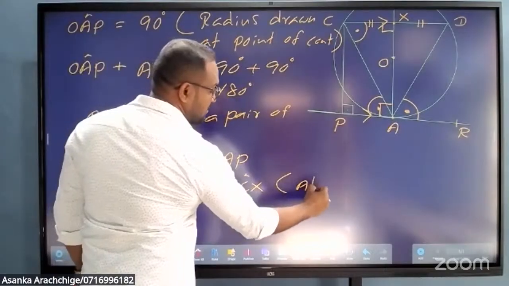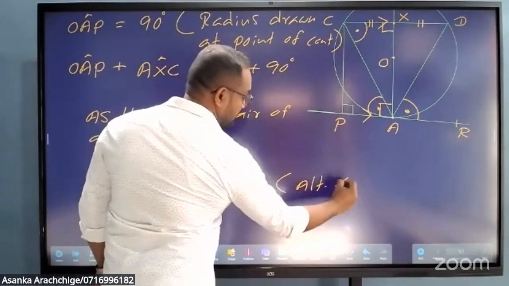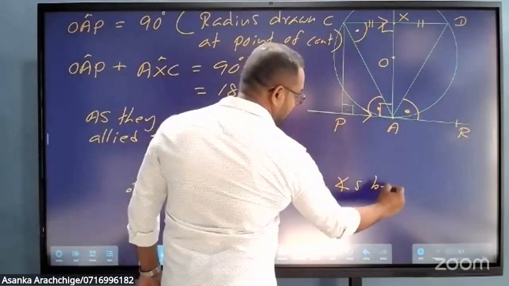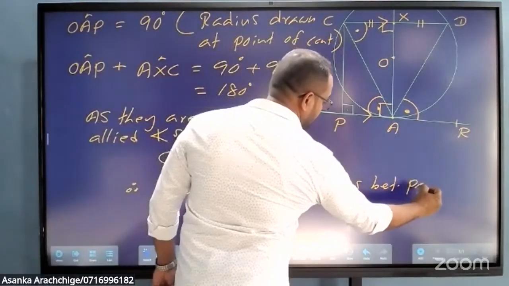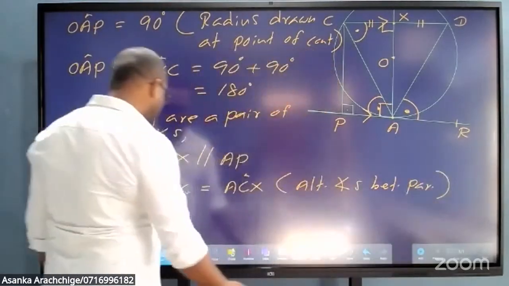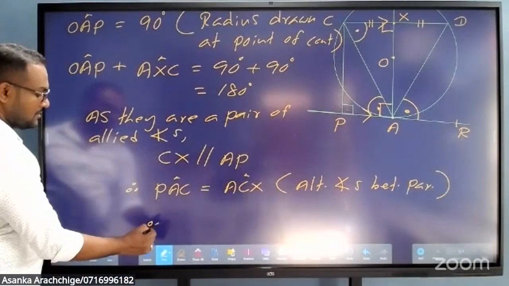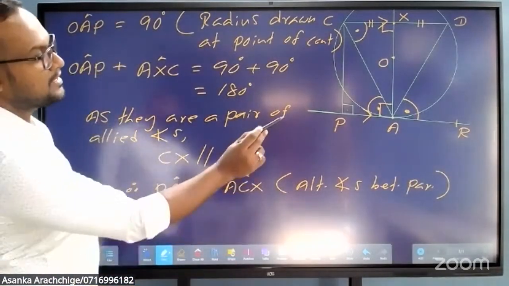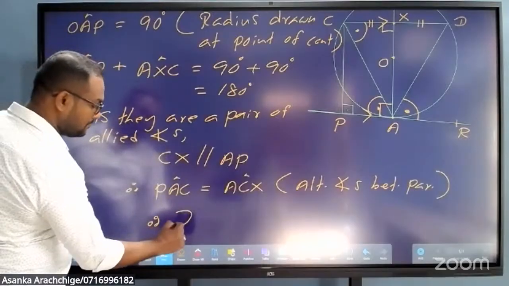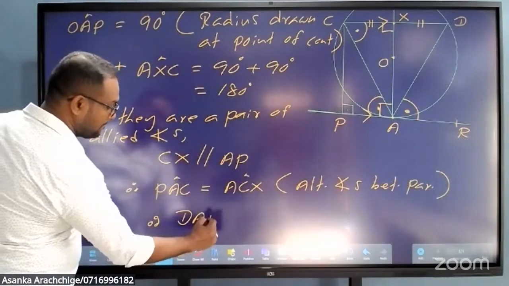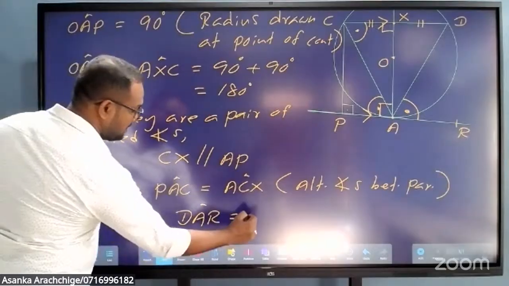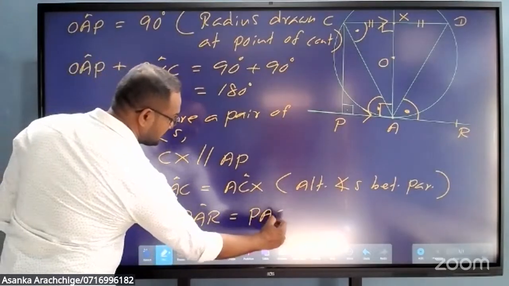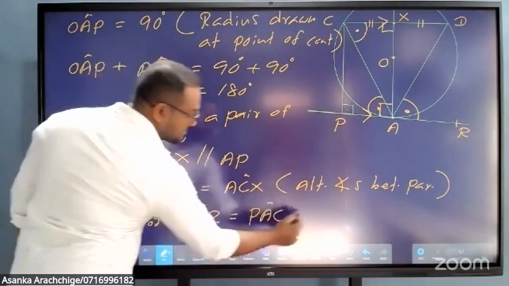Alternate angles between parallel lines. Therefore, DAR must be equal to PAC. Excellent.